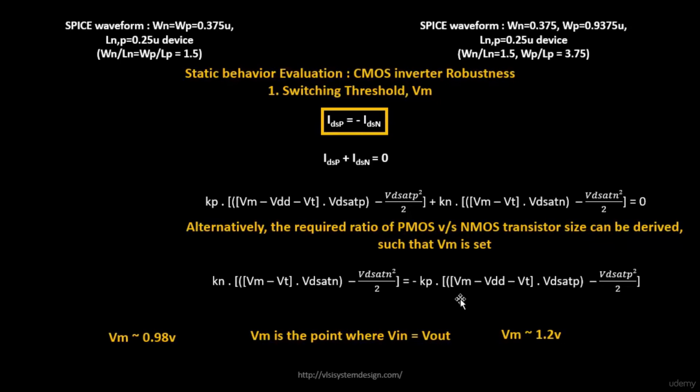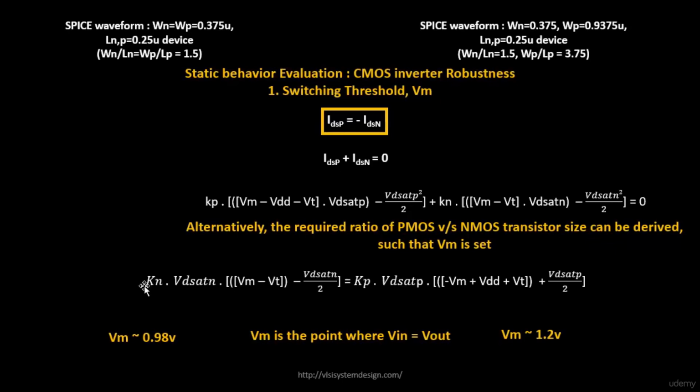It's a pretty simple one. The negative Vm plus VDD plus VT into VDSATP plus VDSATP square is equal to Kn and this whole bunch of expressions over here. When we try to solve this, we get the values of Kn and Kp. Since Kn and Kp are functions of W/L of PMOS and NMOS, we take Kn and Kp to the left-hand side and keep all the expressions on the right-hand side.